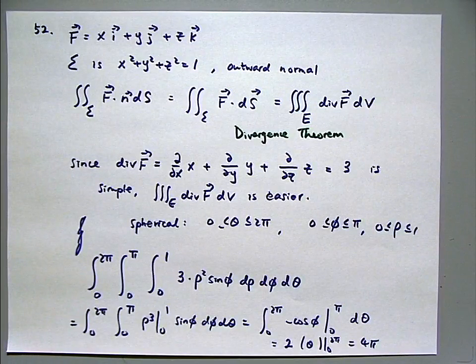All right, next one. Survey says, number 51. The vector field is cosine of z i plus sine of z j plus xy k.